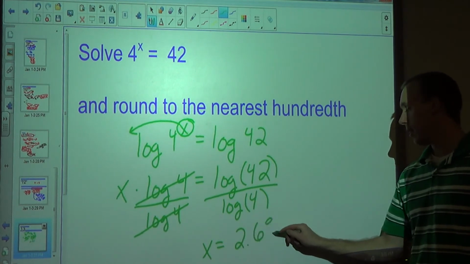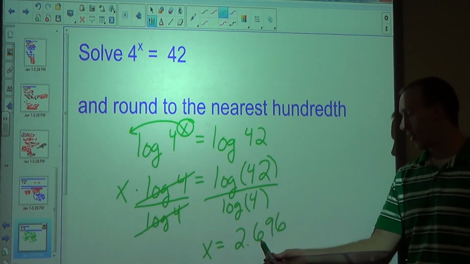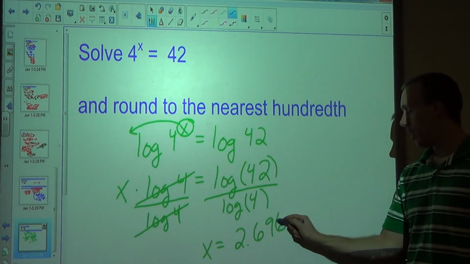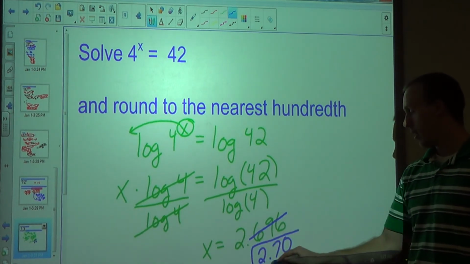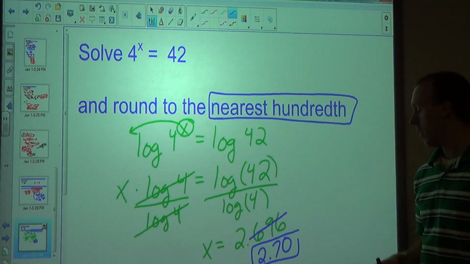It's 2.696. So if we're rounding to the nearest hundredth, what would that actually round to then? 2.70, right? If we're going to the nearest hundredth.